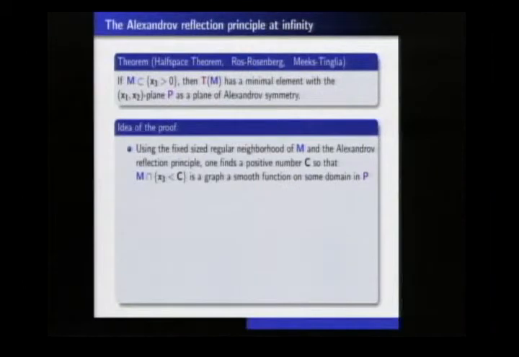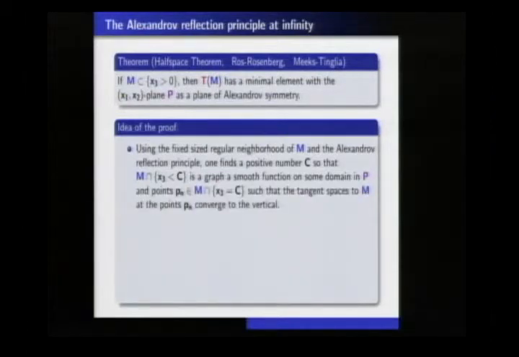So you find a highest value so that the part that lies below it is graphical, and yet there's a sequence of points going to infinity, not where we're horizontal, but where we're vertical.